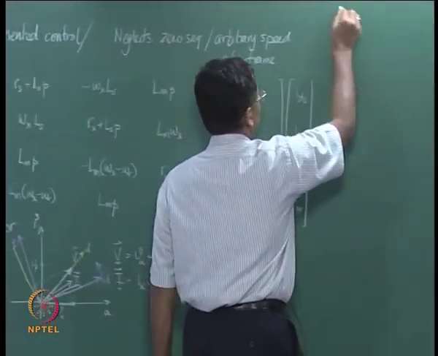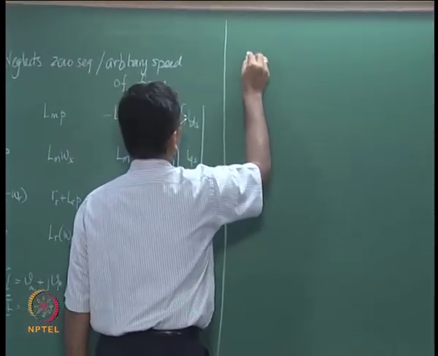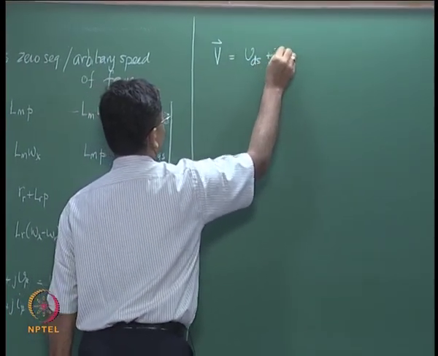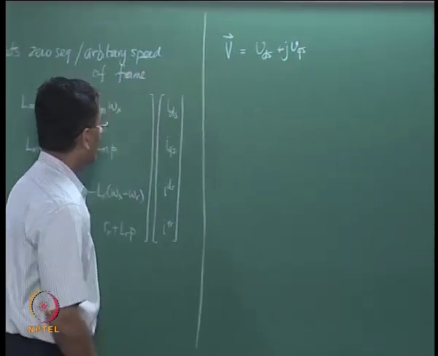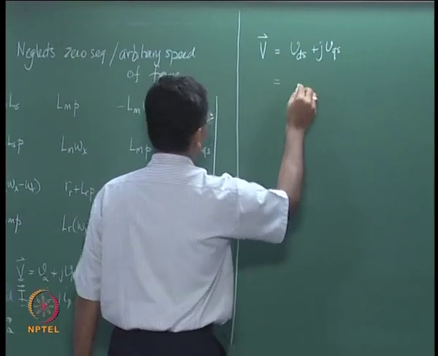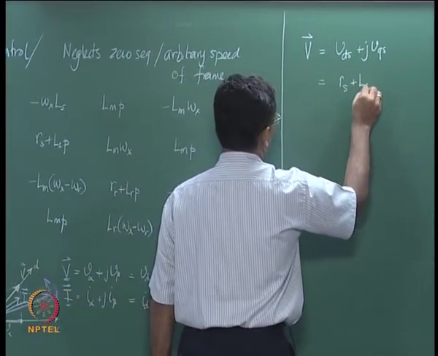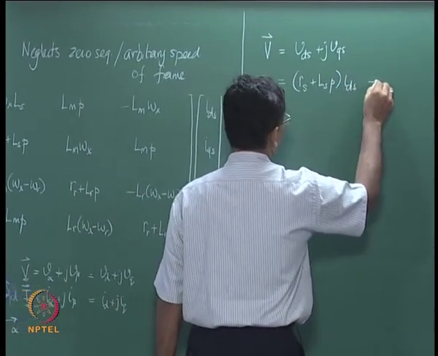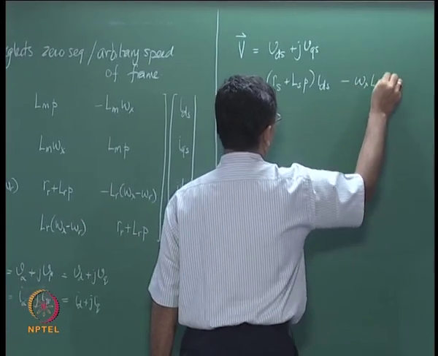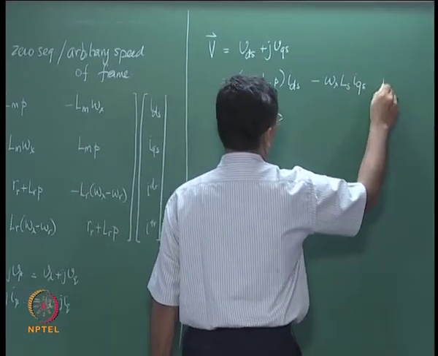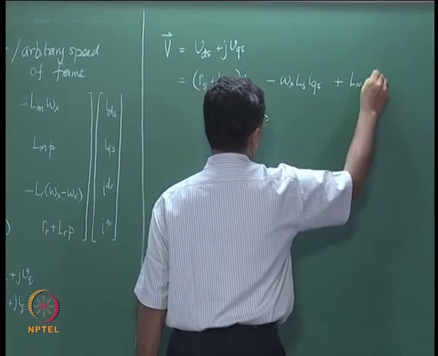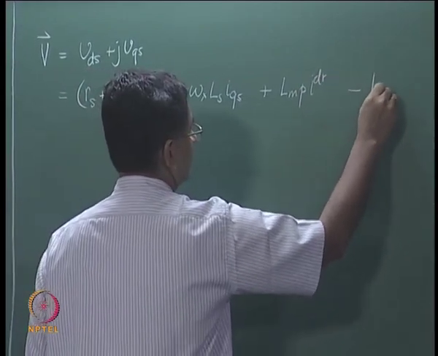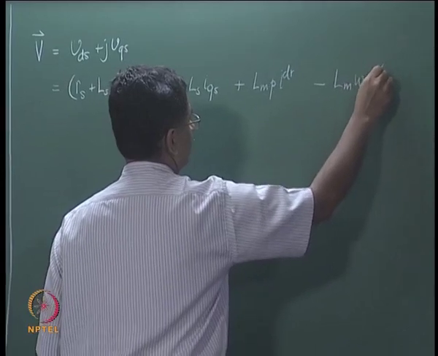So, the voltage space vector of the stator is equal to Vds plus J times Vqs, which can then be written as Rs plus Ls into P into Ids minus omega x Ls into Iqs plus Lm P into Idr minus Lm omega x into Iqr.